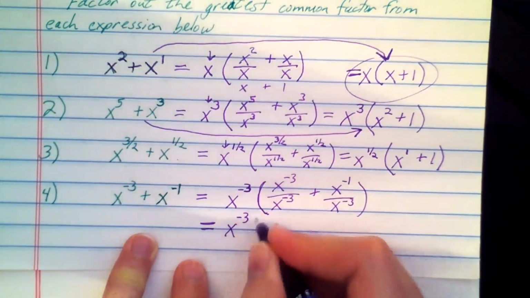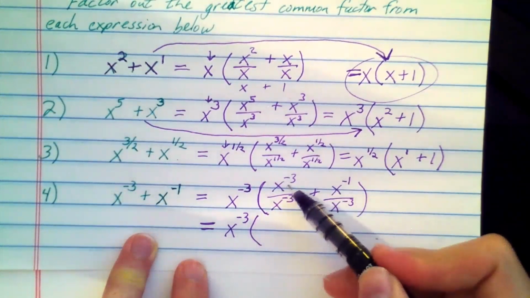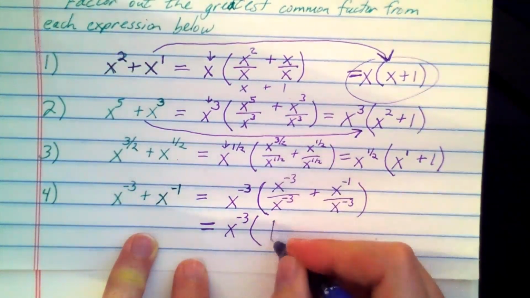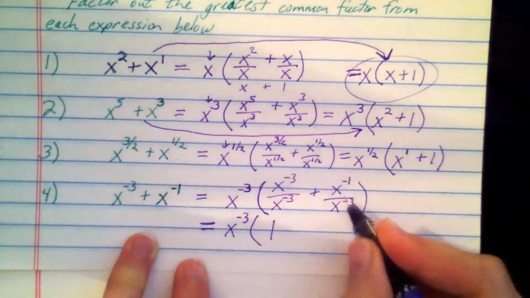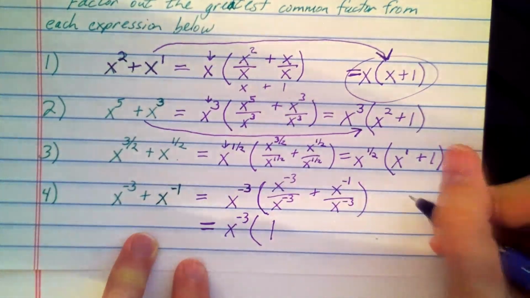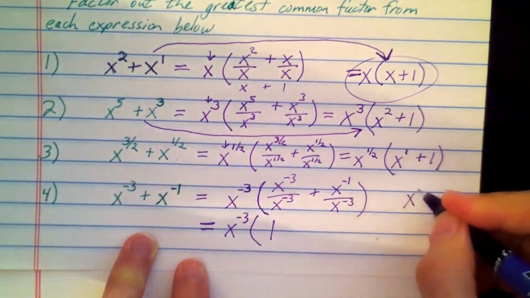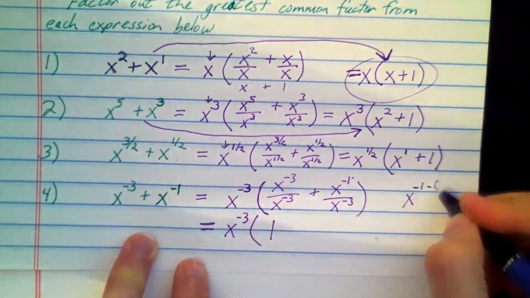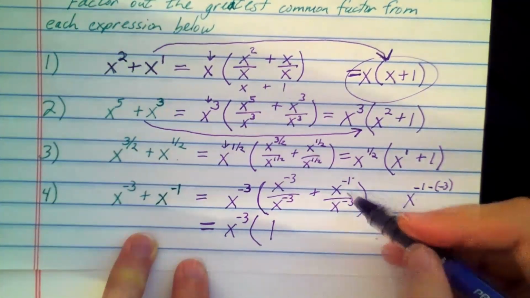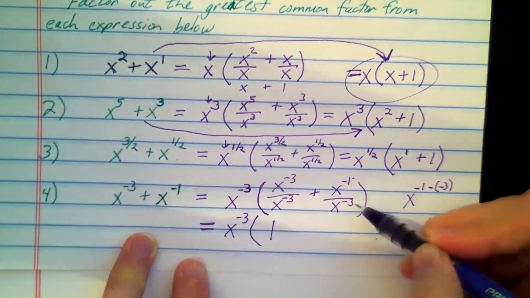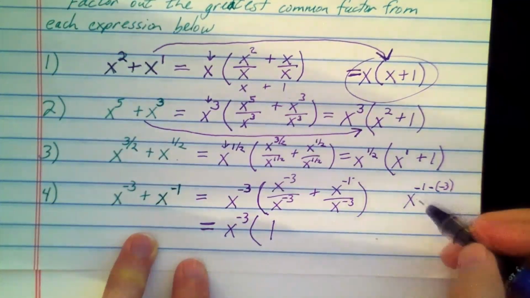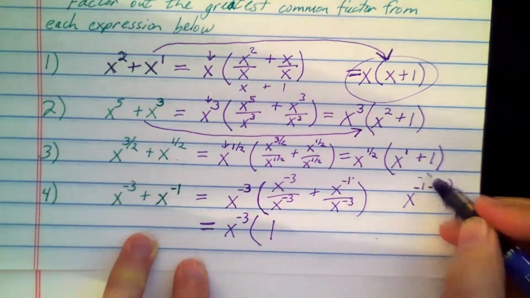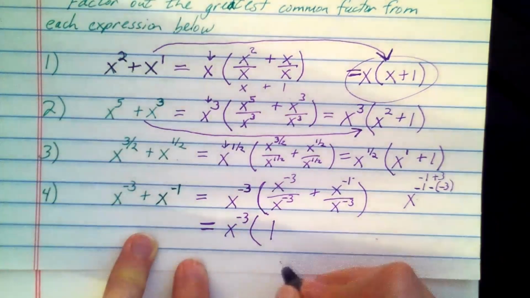X to the -3 divided by itself is 1. So that's nice. And then here, laws of exponents say this is x to the -1 minus -3. X to the -1 minus -3 becomes x to the -1 plus 3, which is x to the 2.